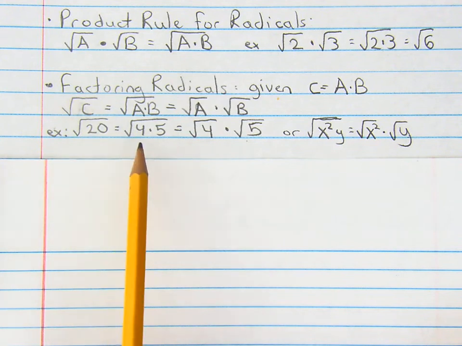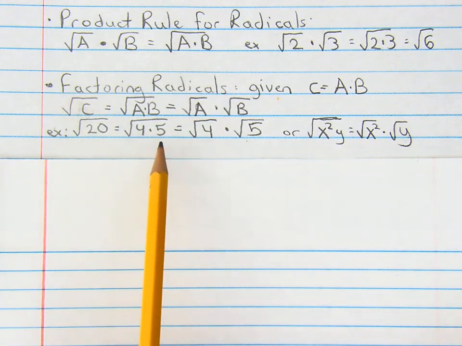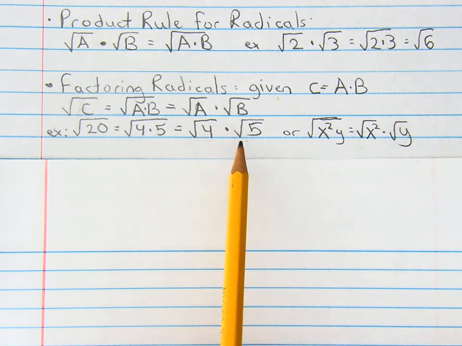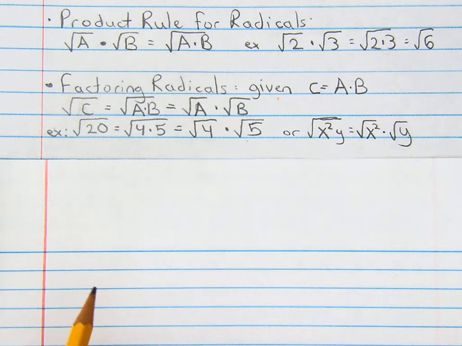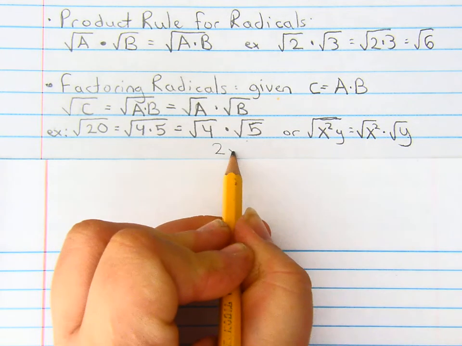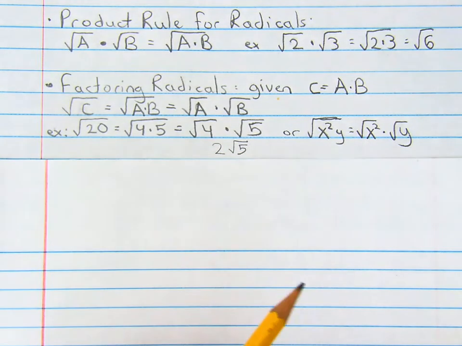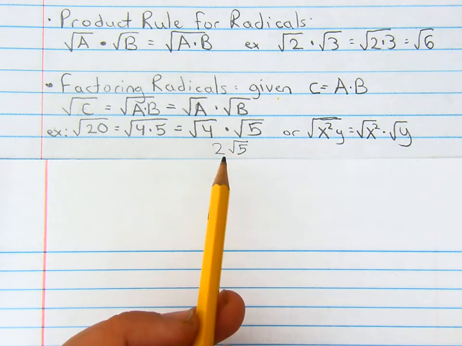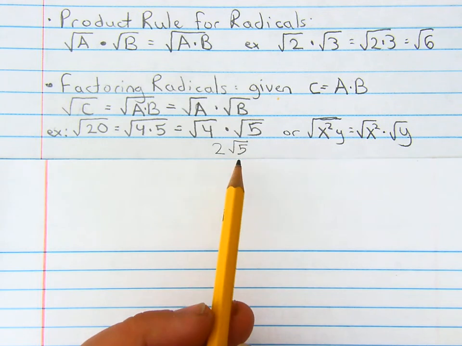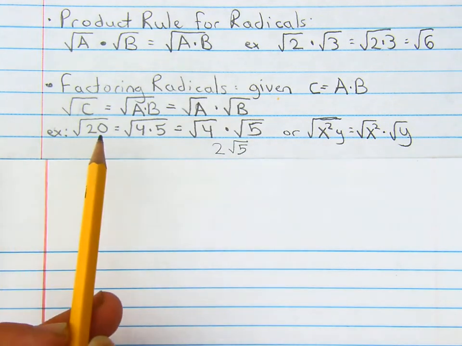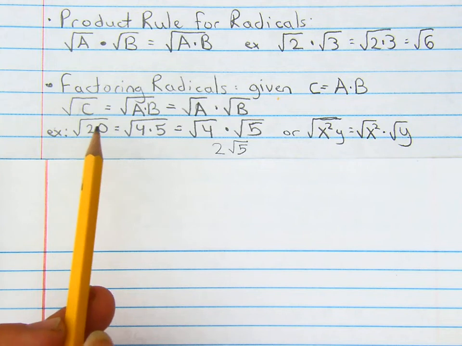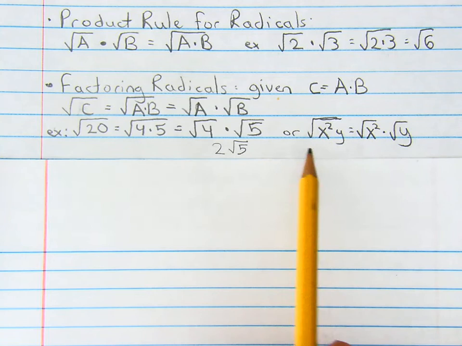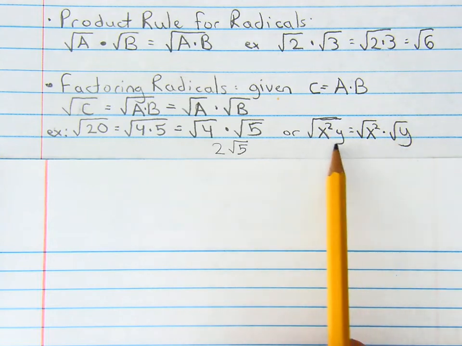Well, 20 can be rewritten as the factors of 4 times 5, and then I can separate them into the square root of 4 and square root of 5. That can actually be simplified then down to 2 radical 5. And thus, this is the simplified version, because square root of 4 is 2, and well, we can't square root 5. And it's this simplified version of this, because we found that perfect square and square rooted it as our original definition talked about.